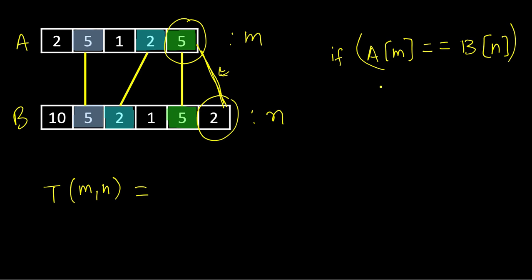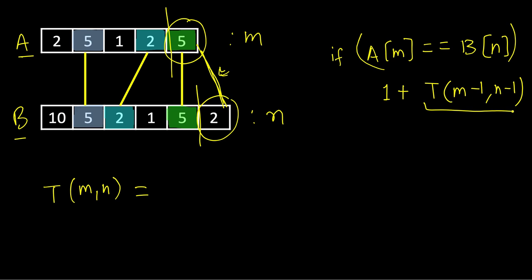So what we will do, we have joined them, so we have one less element on both the arrays A and B. So 1 plus this, 1 is added, since we have one element less in each of these, so we will be solving a smaller problem, and 1 is added since this connection is guaranteed if it's equal.